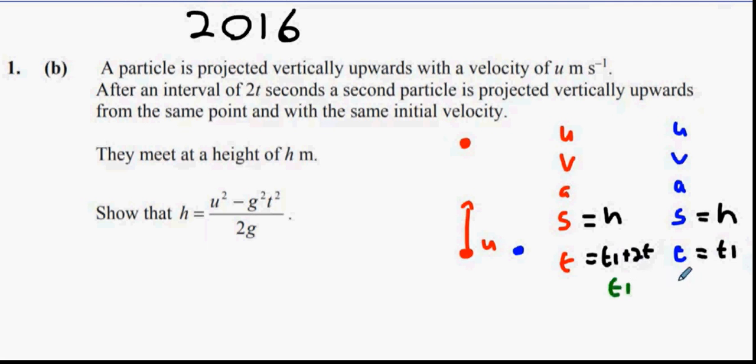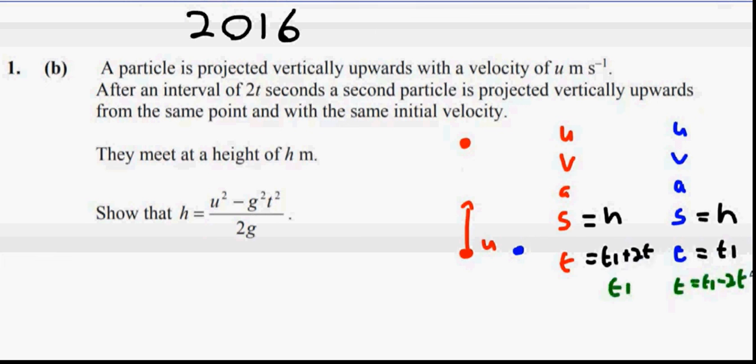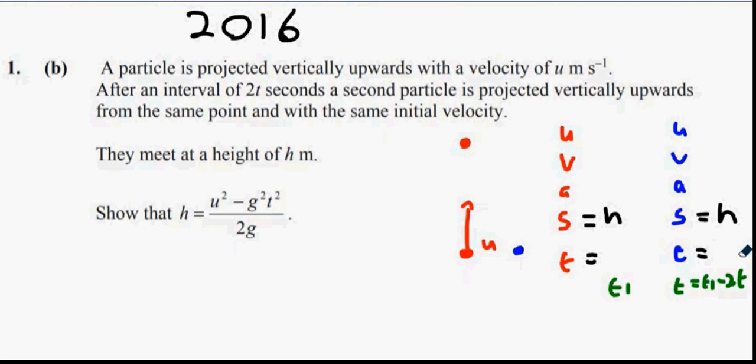Another possible system is to say that the red particle spends T1 seconds in the air, and the blue particle spends T1 minus 2T in the air. I'm going to use the T1 minus 2T system, just because the marking scheme matched it, so it's best to use the same system. Both systems work. So don't be worried either way about stuff like that.